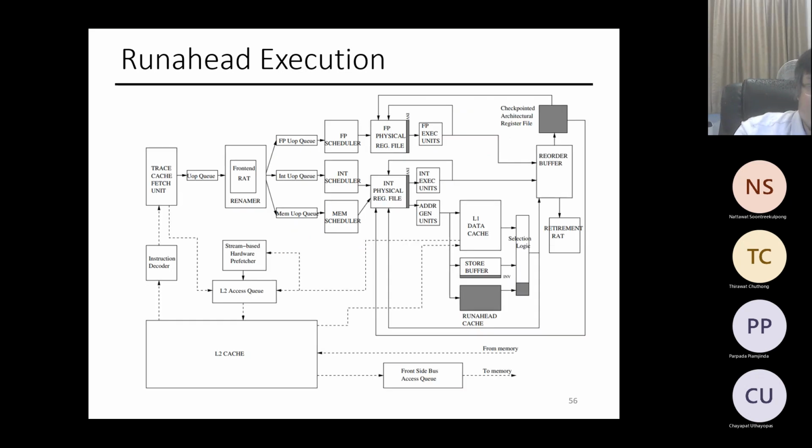And the more detailed design is right here, where you can see the highlighted portion. You need to now have the run ahead cache, and the shaded portion is what you need to add to support run ahead execution, including when you want to run ahead, you have to checkpoint your architecture register file so you can come back and resume execution when it has the original load's data, right?